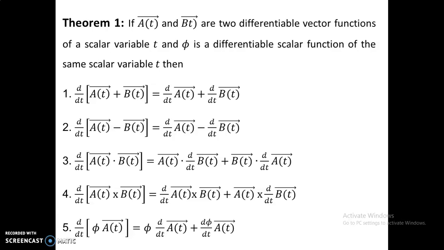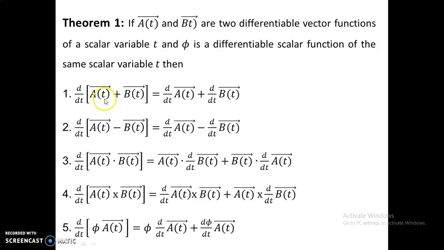And also we have properties of the differentiation of a vector function of a scalar variable t. Let phi be a differentiable scalar function of the same scalar variable t, and let a and b be two differentiable vector functions of the scalar variable t.